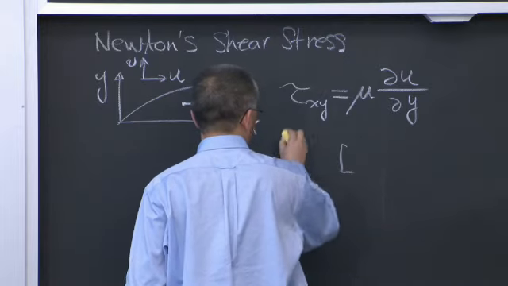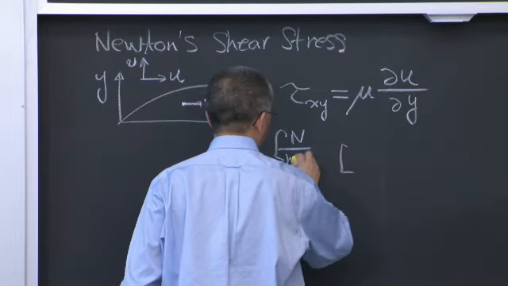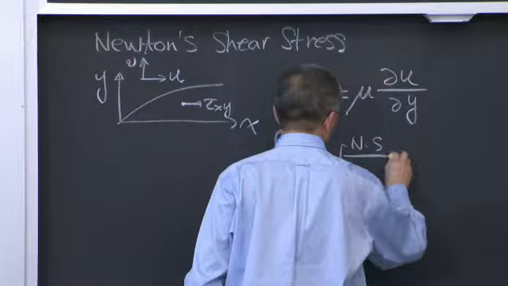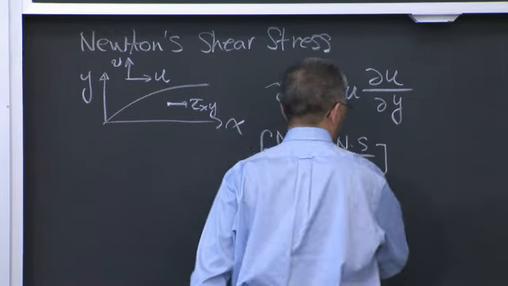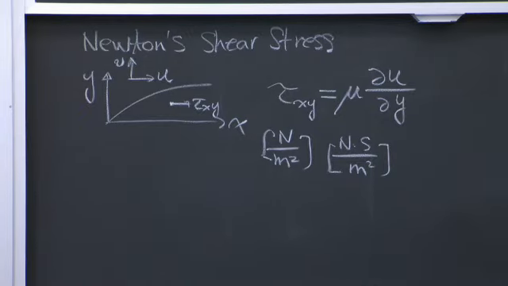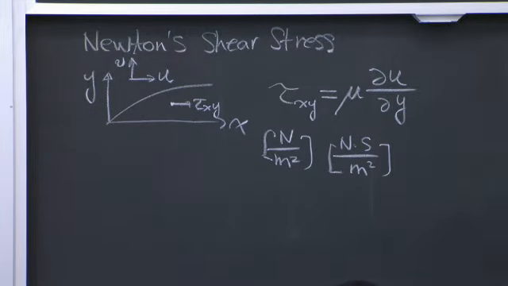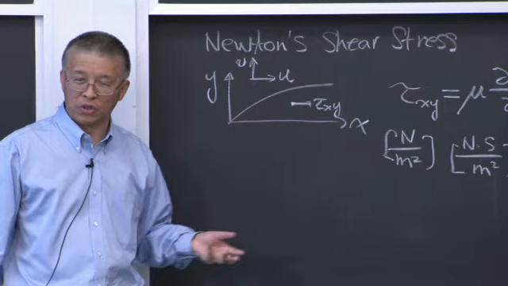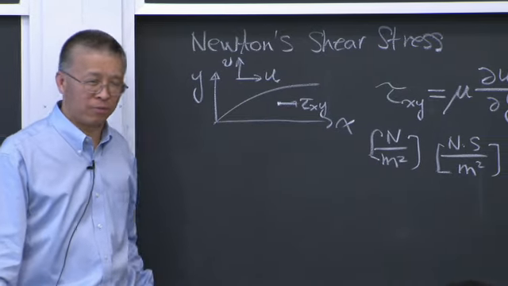The shear stress is Newton per meter square, and the dynamic viscosity is then Newton second per meter square. Okay? So we have Newton's shear stress now. And you can write it in a more complex tensor form, 3D. I'm always writing the simplest one.